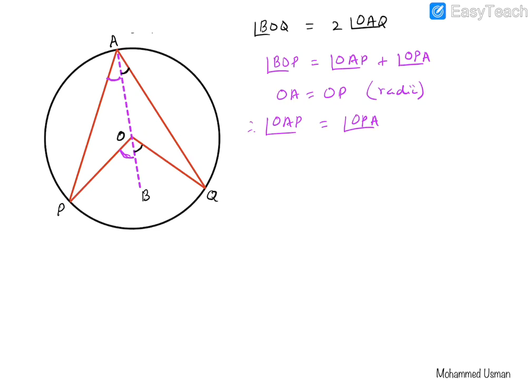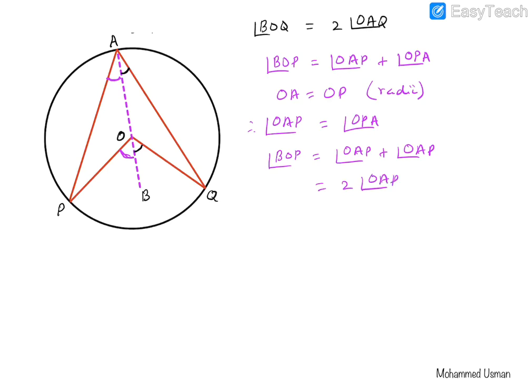Why? Because we have an isosceles triangle with OA equal to OP, and therefore the opposite angles will be equal. So angle OAP and angle OPA are the same. So therefore we can write angle BOP as angle OAP plus angle OAP, that is 2 times angle OAP.